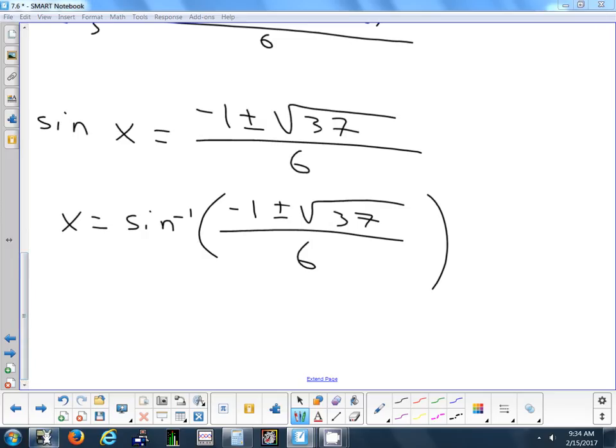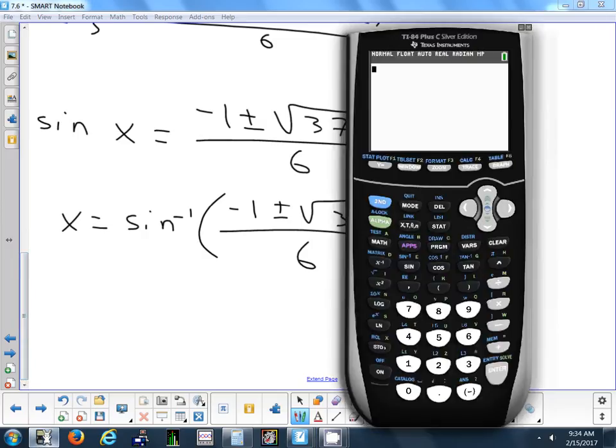Okay, let's check. Let's take -1 plus the square root of 37 and divide by 6. Is that going to work when I type it in? Yeah, the plus is going to work. Let's try the minus. -1 minus square root 37 divide by 6. Is the minus going to work?